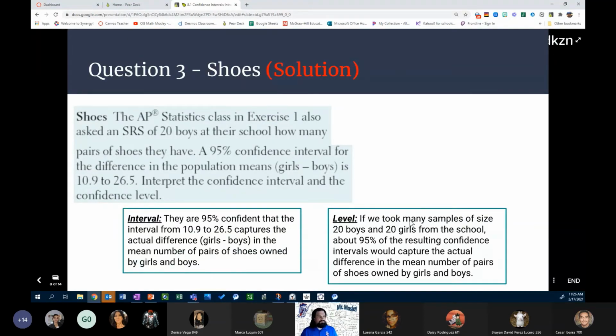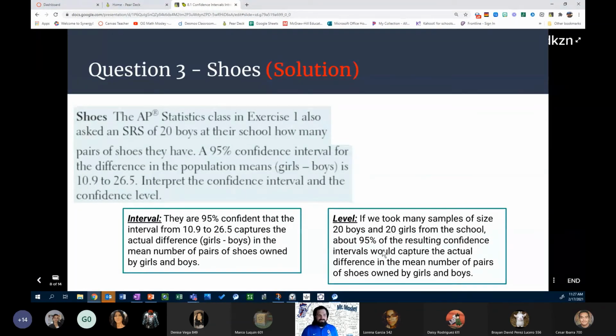So when we're interpreting the level, that's referring to how often our sample means would have a difference that resulted in an interval that contains the actual difference in means.